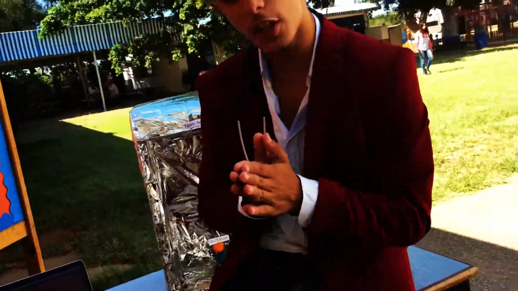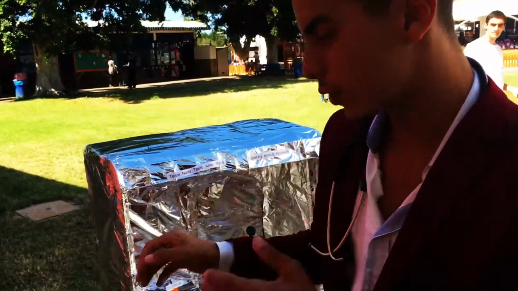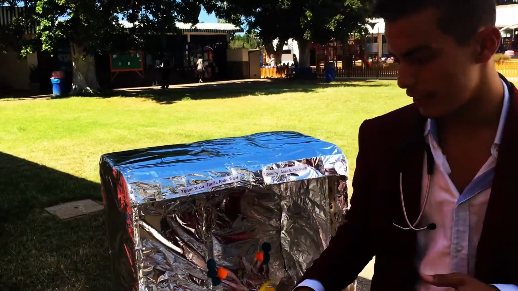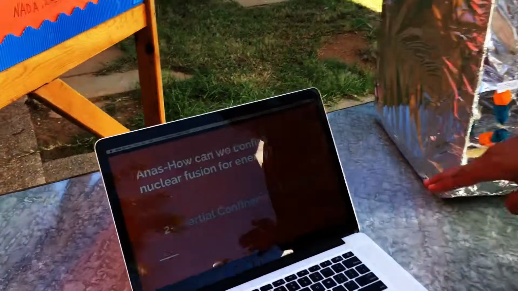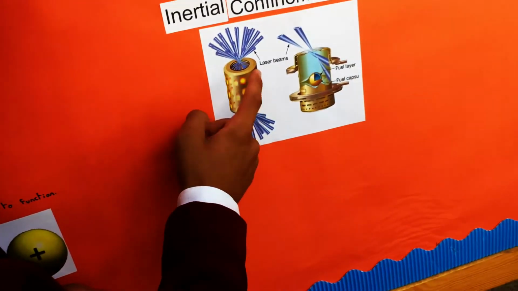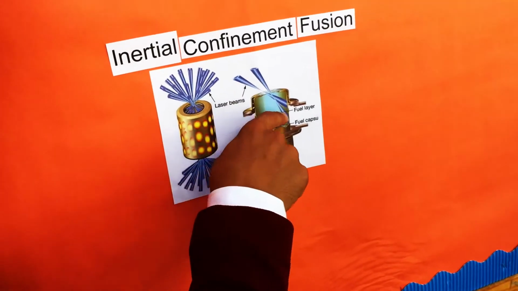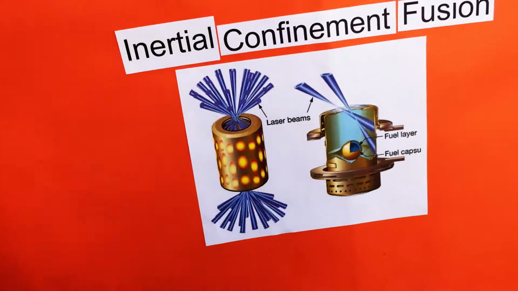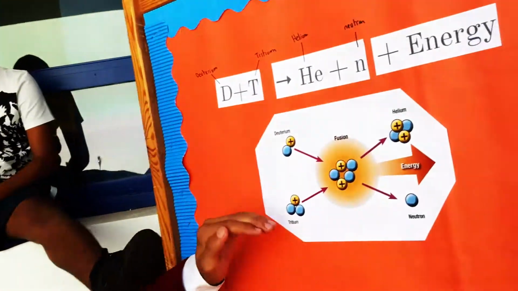So, there's another way of confining nuclear fusion, and it's called inertial confinement fusion. As you can see here, the laser gets in a chamber, and then it activates the fuel. The fuel is made out of deuterium and tritium.